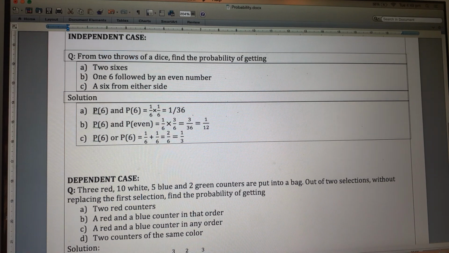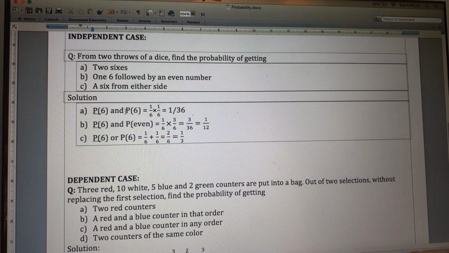So probability of 6 from first throw, when you will throw your dice first time, you will be having probability of 6 as 1 by 6, because 1 can come one time and total number of outcomes is 6.